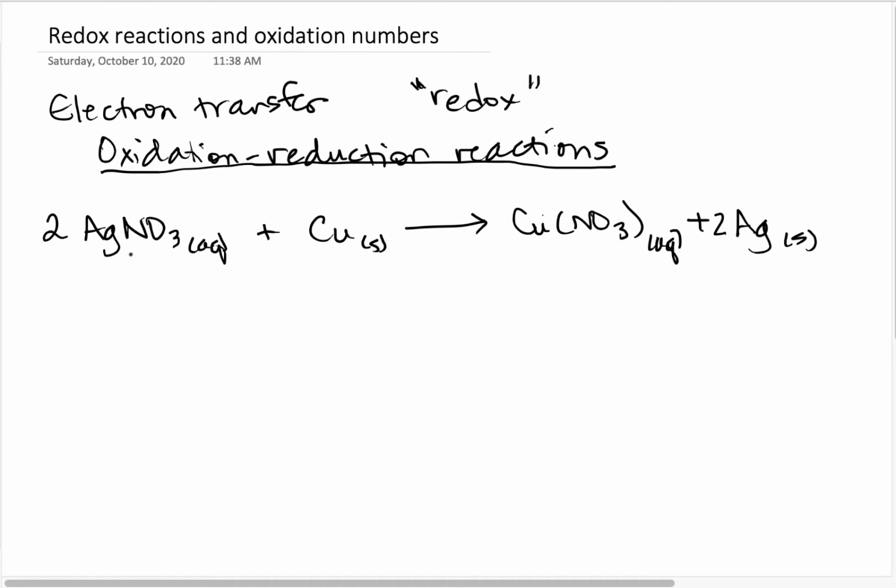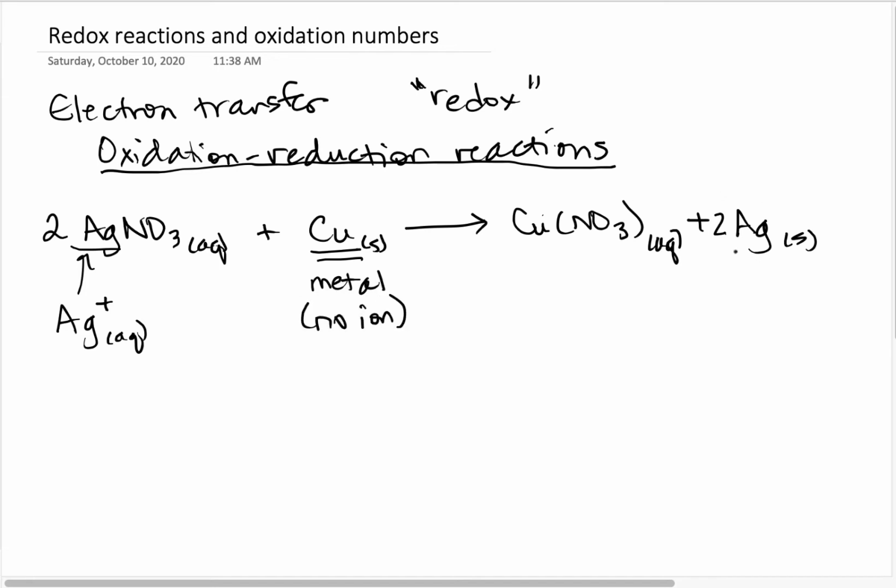In this chemical reaction, if we look at the chemical species, we have silver nitrate, and the silver is starting out as an ion, Ag+. Over here we have copper, and it's just metal. It's not an ion.